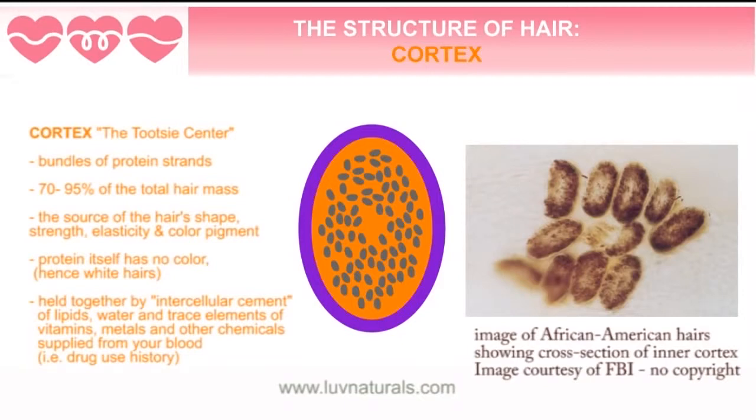And now the orange that you see represents what is called the intercellular cement. That's a fancy term for all of the fluids surrounding the protein in your hair. This includes lipids, which are a mix of fatty acids, water, and trace elements of vitamins, metals, and other chemicals supplied from your blood, even your drug history. Hair tells so much about you, and this is why scientists can study what people ate thousands of years ago.